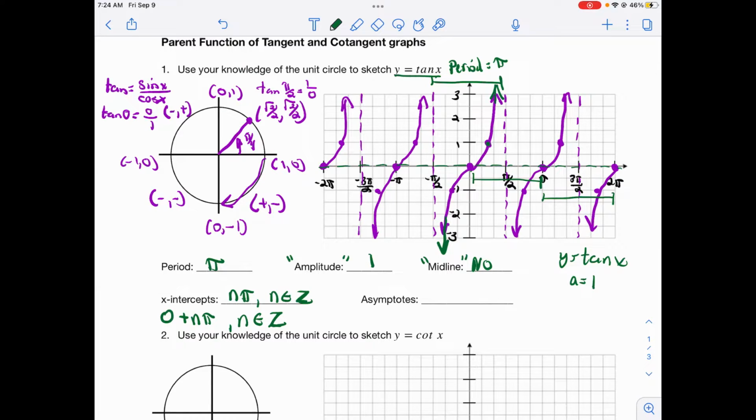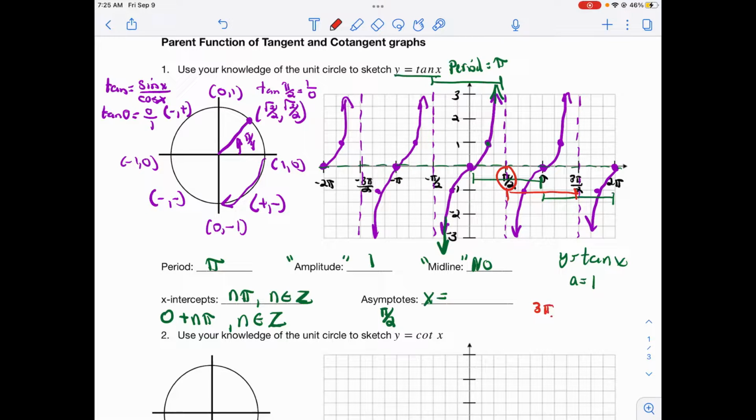We're going to do sort of the same thing with asymptotes. Now these are vertical lines, so it's going to be x equals something. And you're going to identify your first non-negative asymptote on the graph, so that's pi over 2. Then we'll figure out the distance from it to the next asymptote.